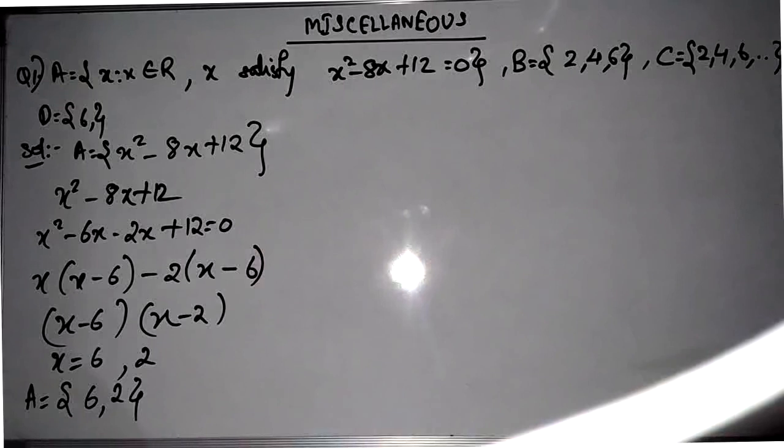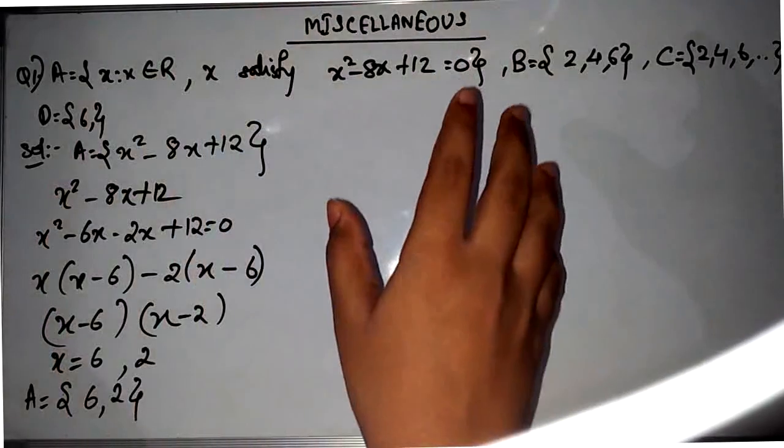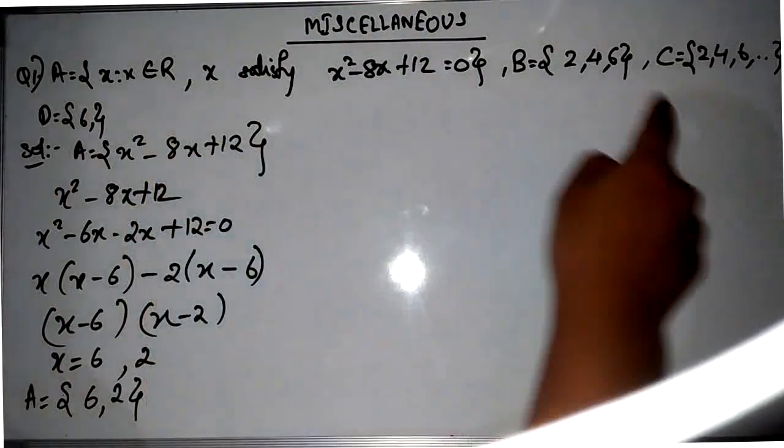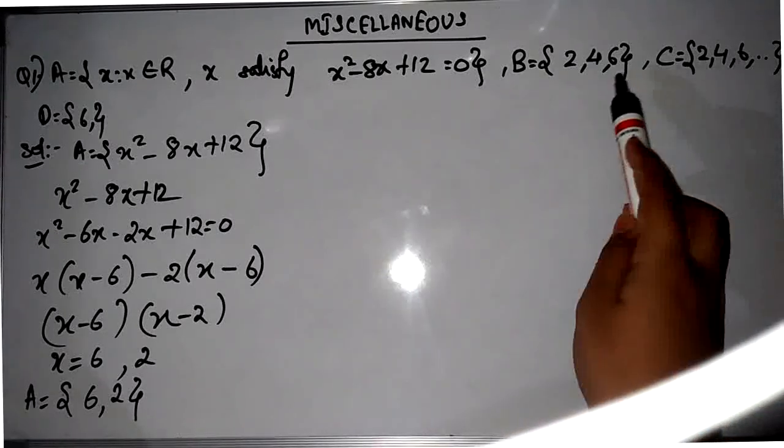Then they have asked how many subsets there are. First we will check A, and we have to check which of the three sets A is a subset of. A consists of 6 and 2, so check where 6 and 2 are present.